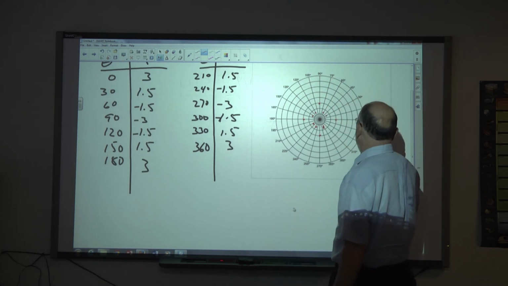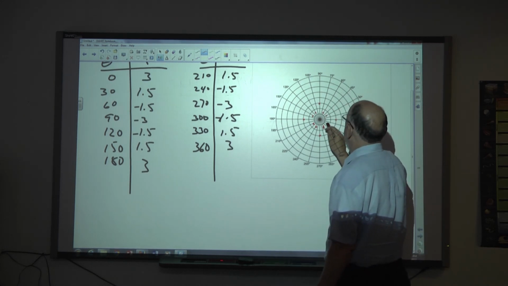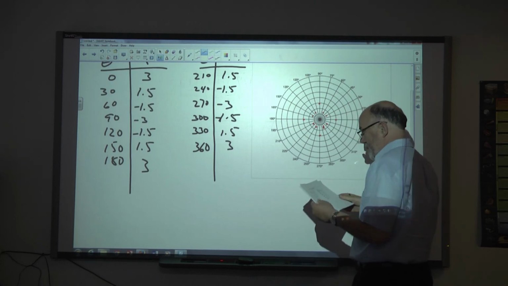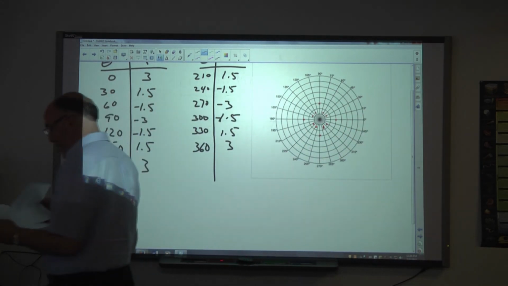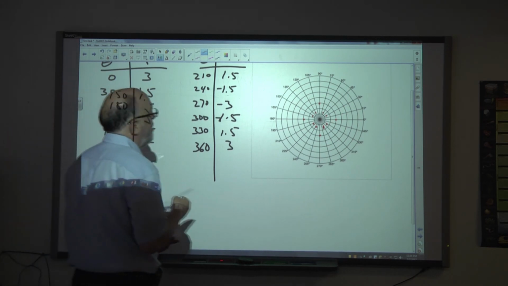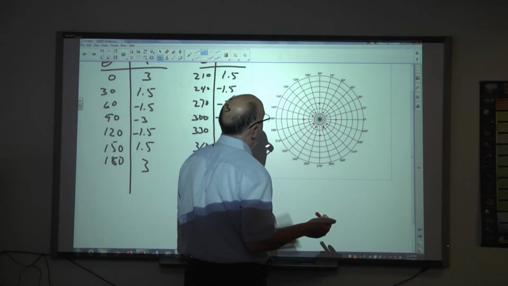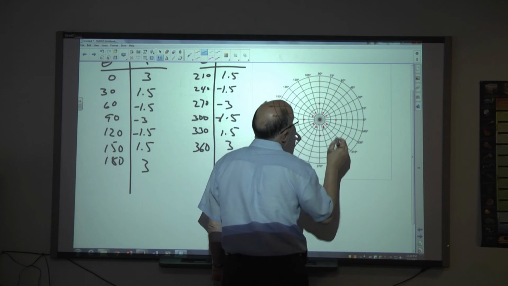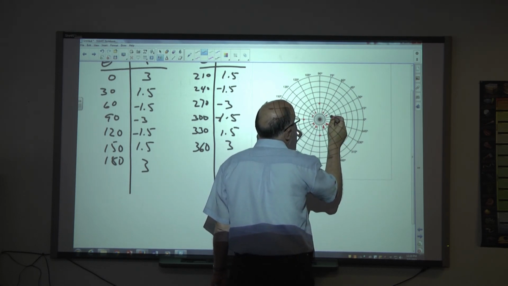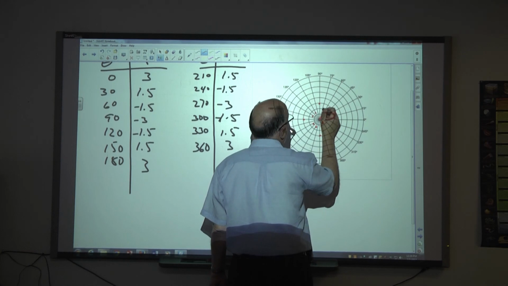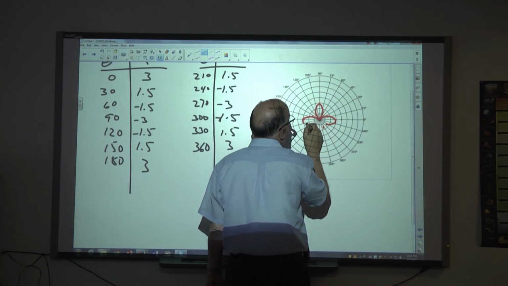And then 330, 1.5 is there, and then back in. And then we want to connect the dots, and it may be easier on a piece of paper than it is for me doing it here on this board, but given these pen widths, you end up with something that is going to look like this.